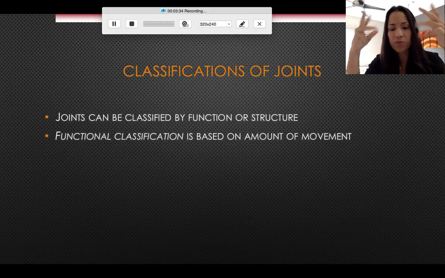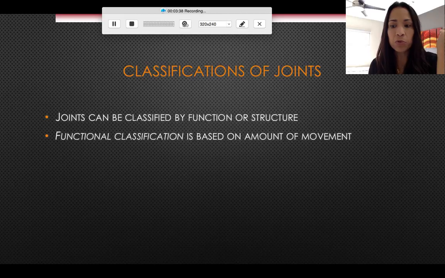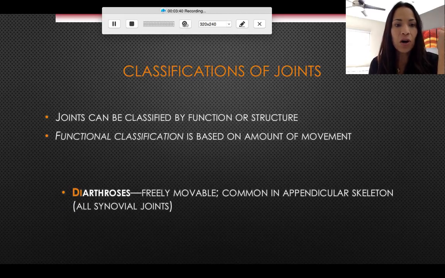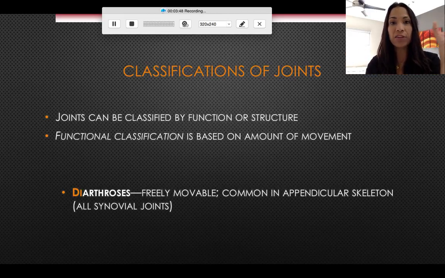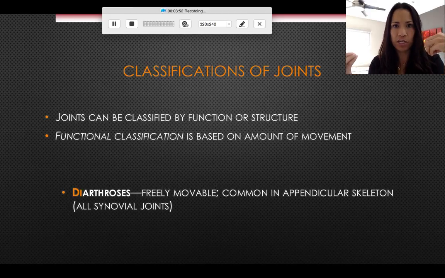Your fingers, your head, your shoulders, your elbows, and all of those are diarthrosis. That's the type of articulation that allows a wide range of motion, or freely movable articulations.